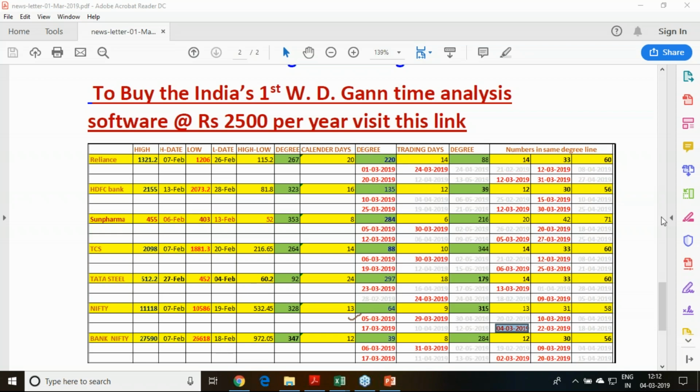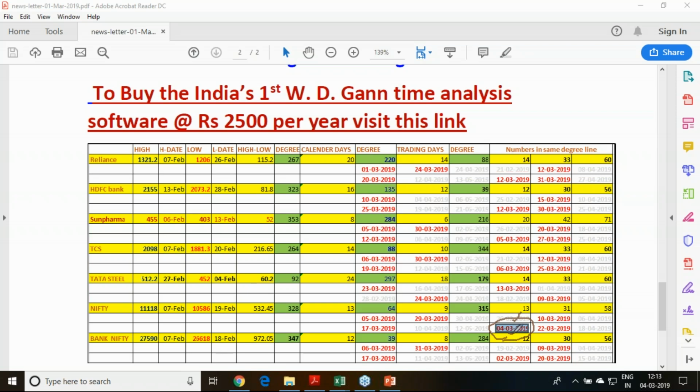Here 4th of March is a holiday, and it is a Monday, so the preceding days, Saturday and Sunday, are also holidays. Whenever your calculated day falls on a holiday, then the trend reversal will take place on the previous working day or the next working day.